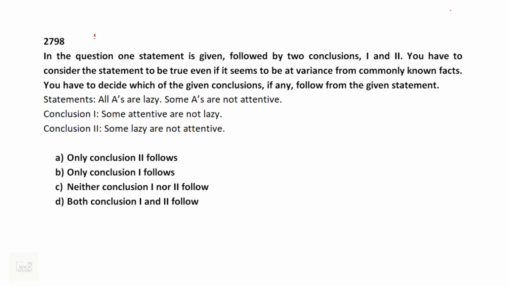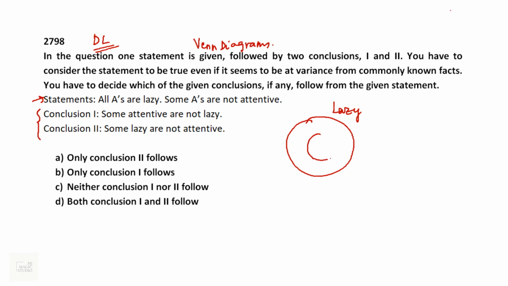Okay, another one from deductive logic, and we know the drill for it. We have a statement and we need to identify whether this conclusion follows or not. And the very best process to do this is, let's draw Venn diagrams for the statement given. All A's are lazy. We have a set of lazy people and all A's are lazy.